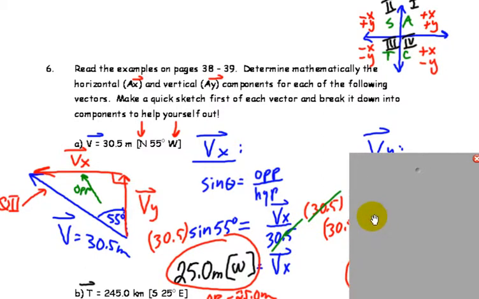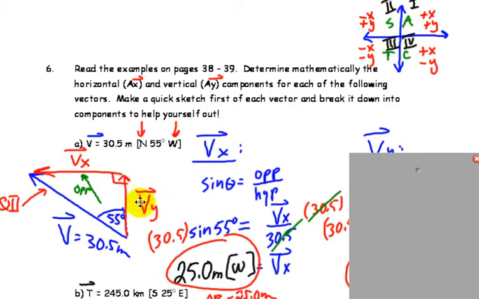Multiplying by 30.5, Vx equals 25.0 meters west. You could also think of it as, since it's in quadrant 2, any x vector is negative. So 25 meters west, or negative 25.